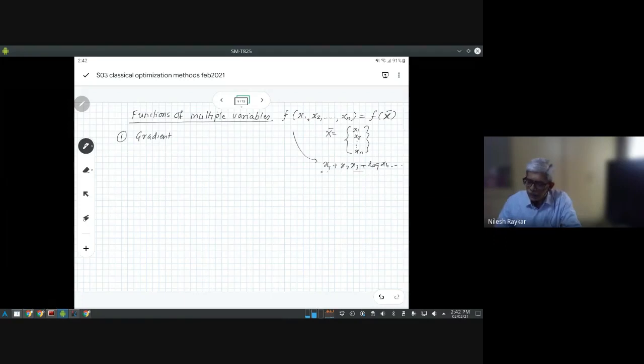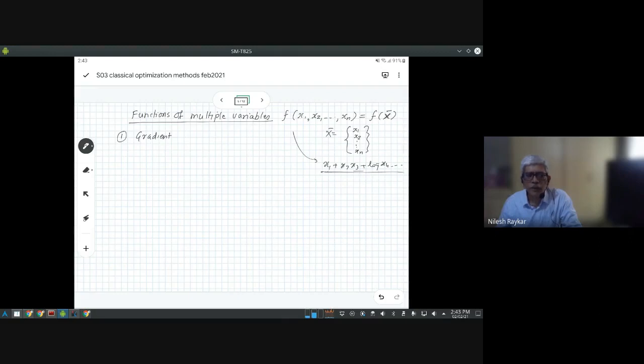For such functions, when you talk about the derivative, you have to consider that there are multiple variables. The variation of the function will be different for each of the variables. If you vary x1 by a small amount, keeping the other variables constant, the change in the function will be different than if you vary only x2 and keep the other variables the same.